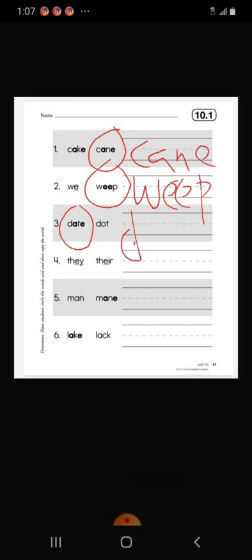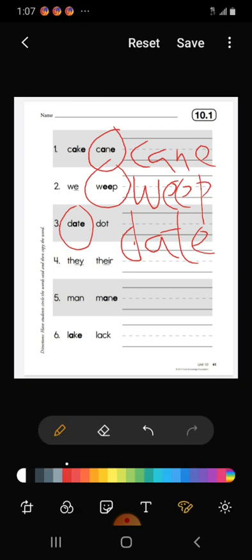D, A, T, E. Good job. So we also have they and their. They and their are also pronouns.